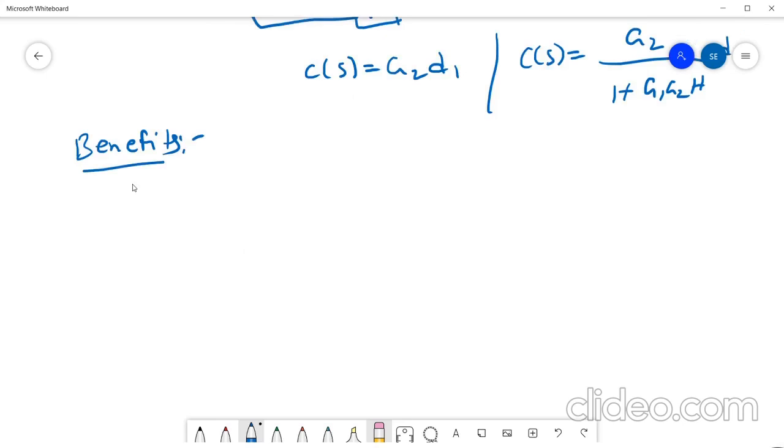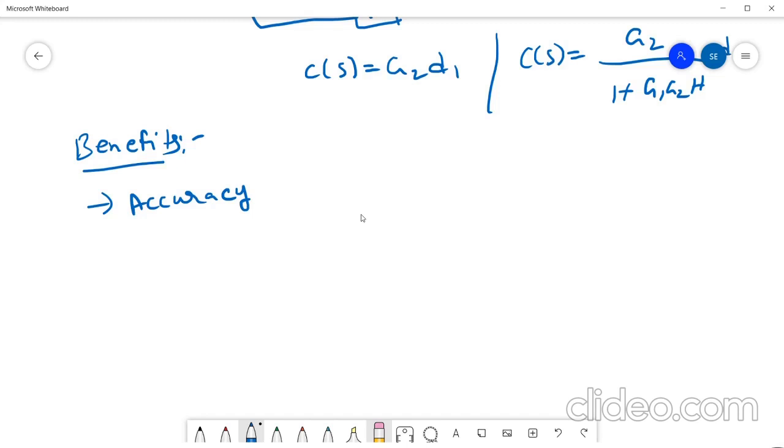If you are trying to increase the accuracy, what is actually accuracy? Accuracy is the difference of expected minus true. That is actually, say, error. Here in our case, R of S minus C of S, or C of S, H of S.